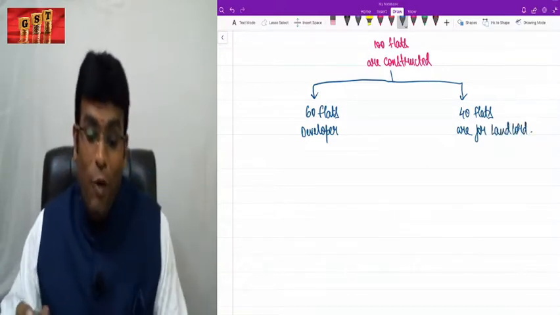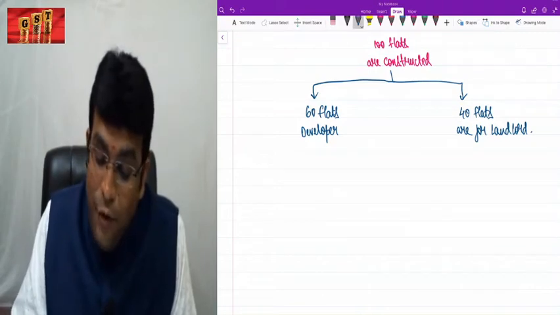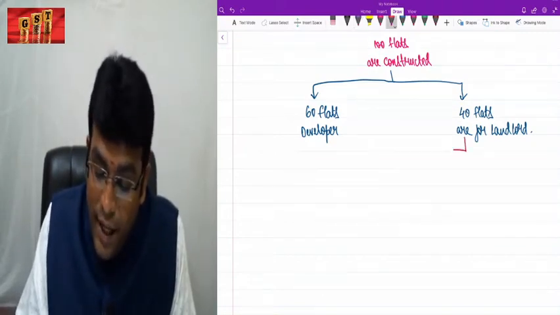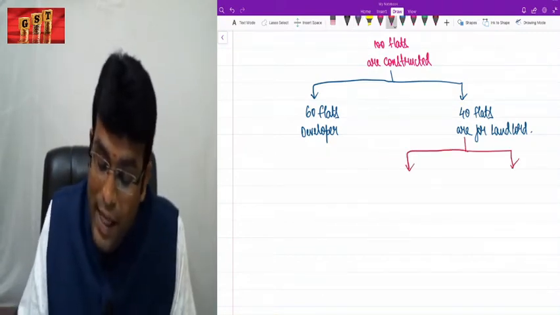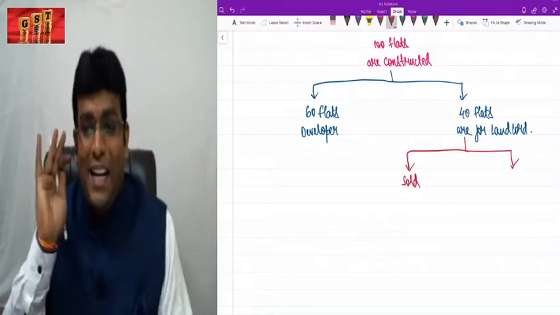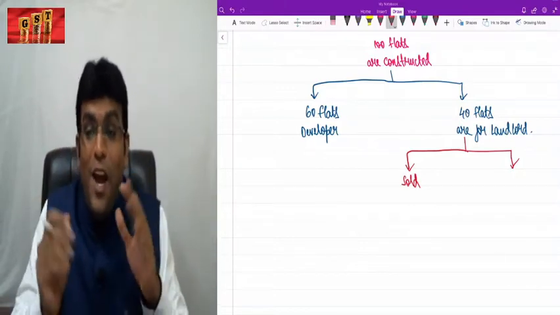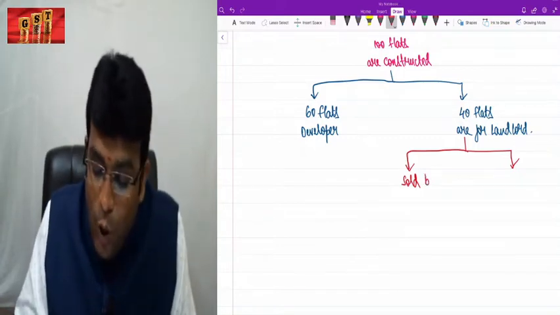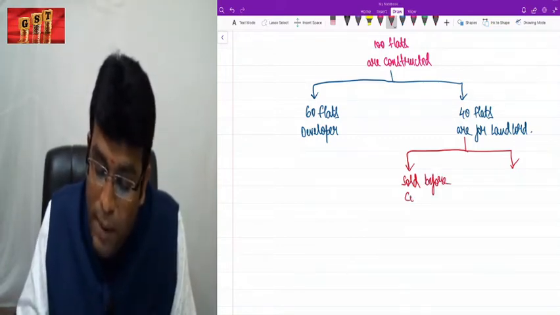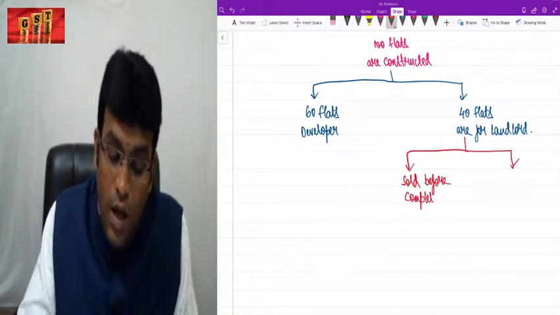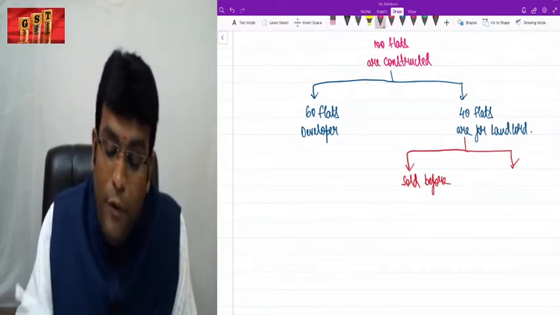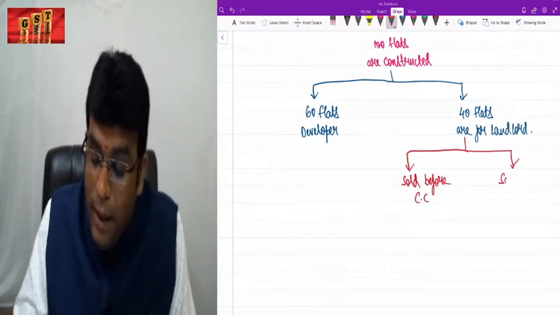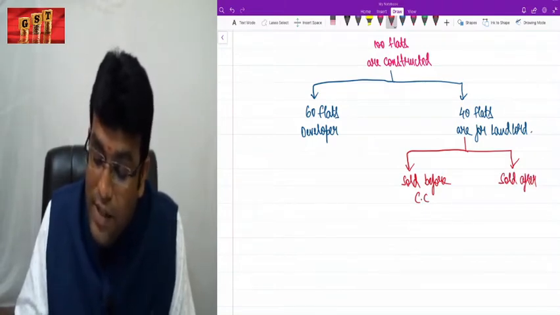Now an interesting point I'll tell you is that these 40 flats which the landlord is getting might be sold before the completion certificate, or might be sold after the completion certificate.